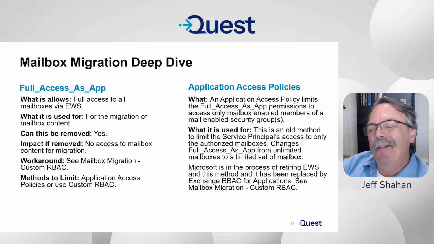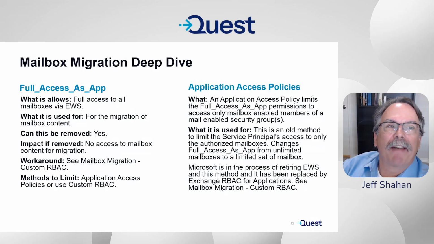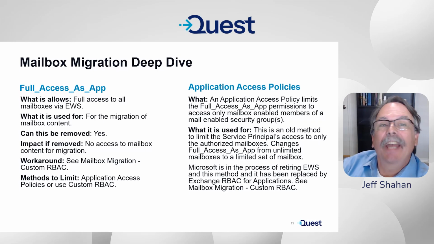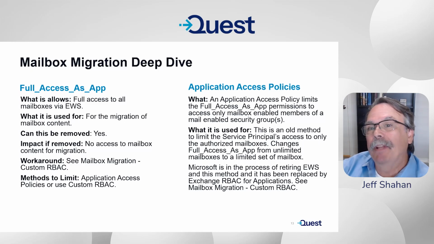So digging deep on the other 2 core consents, we have full access as an application. That allows the application to access all mailboxes unlimited within the Exchange directory. You can use an application access policy in order to limit what mailboxes the application can see.